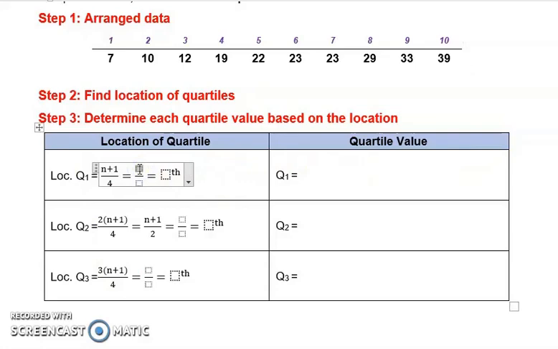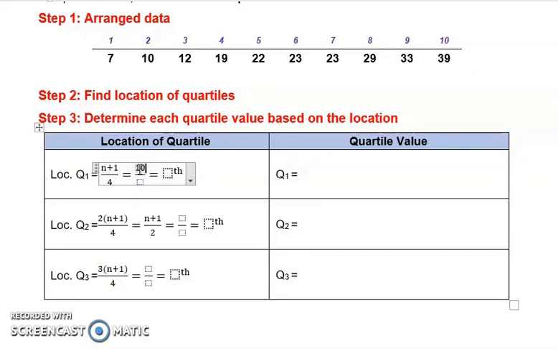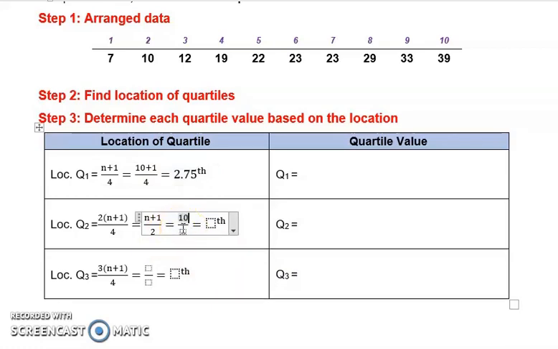Now let's find the location for each quartile. Location of Q1: (n plus 1) divided by 4, so 10 plus 1 is 11, and 11 divided by 4 gives 2.75. That is the location of Q1. Location of Q2: (n plus 1) divided by 2, so 10 plus 1 is 11, and 11 over 2 is 5.5.